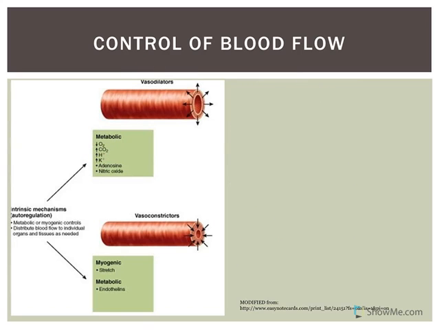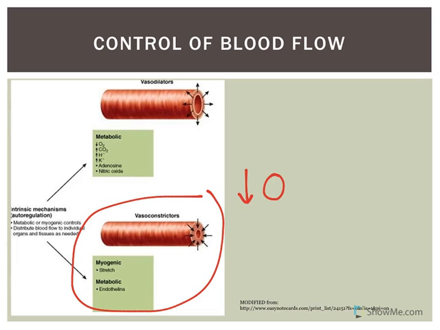So vasoconstrictors, which we see down here, are going to decrease flow because they increase resistance. An example that you see is stretch, and they refer to it as a myogenic theory.